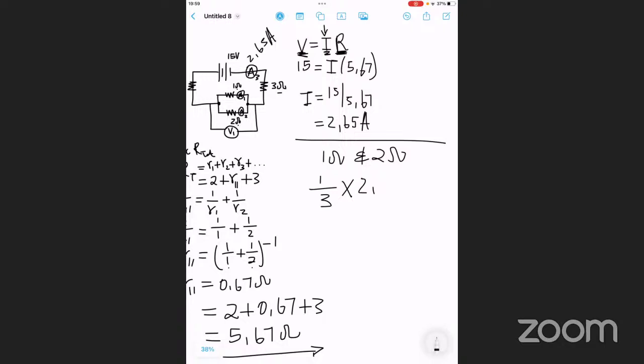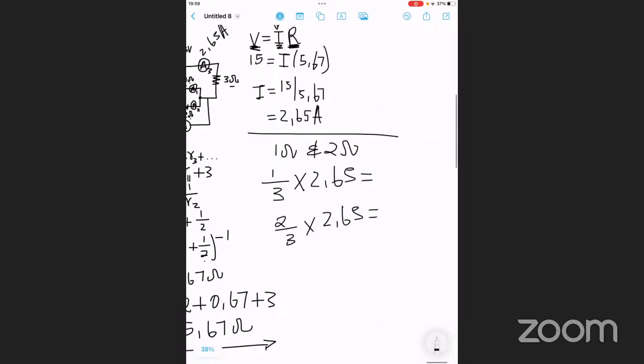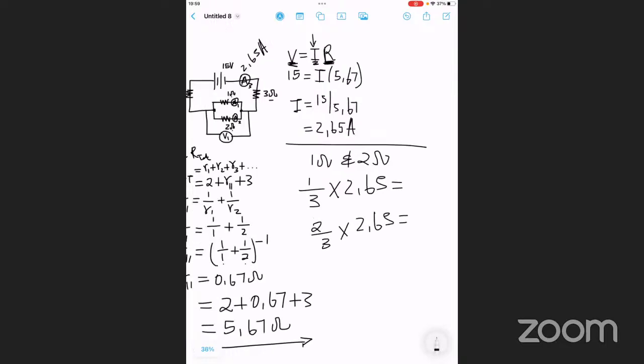Then we say 2 out of that total, and multiply it by the same. From those two answers, it's like we wanted to split this current in that ratio of the 1 ohm and the 2 ohm. Where's the 3 coming from? It is that plus that. It's like we want to see how it will split using that ratio.